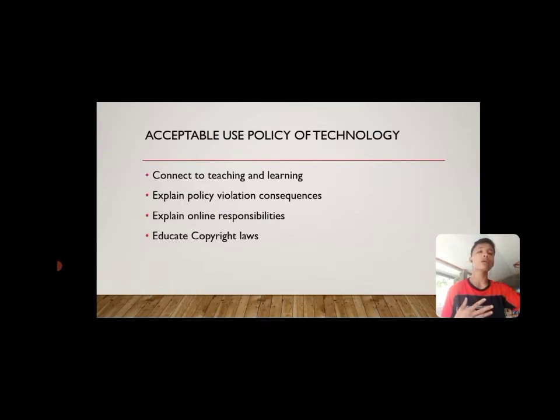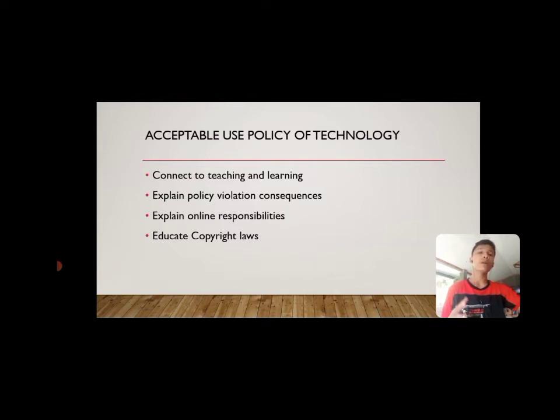We are going to connect ourselves to the teaching and learning curriculum. So the second is to explain policy violation consequences. We must discuss and explain the violations that we may experience in using that technology.